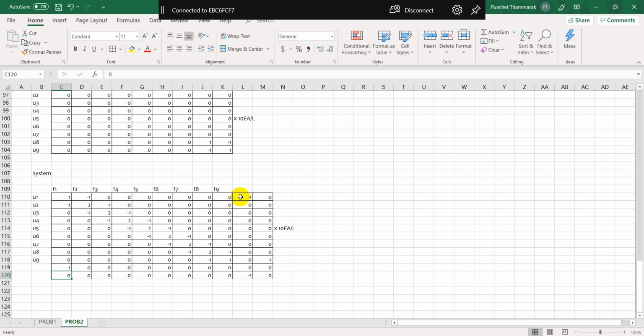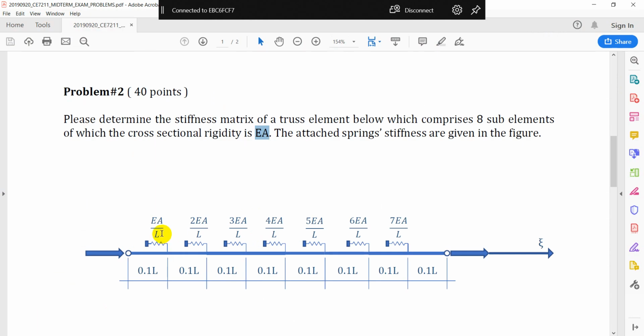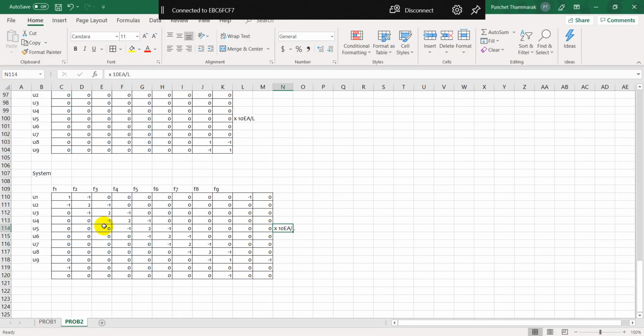Okay. There it is. Oh, wrong one. Minus 1 here. Alright, and this is scaled by 10 EA over L. So what do we have? We have EA over L here at DOF 2. I will add just EA over L. So this is plus 0.1, right? Because the outside is scaled by 10 EA over L.